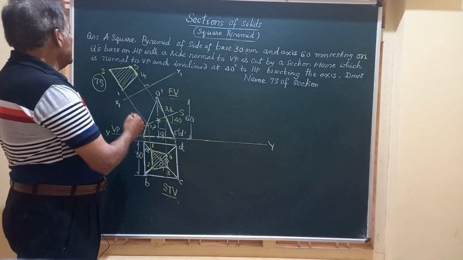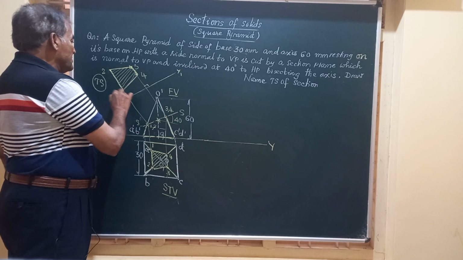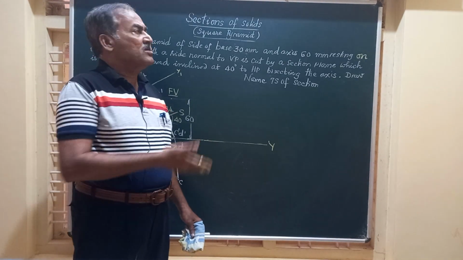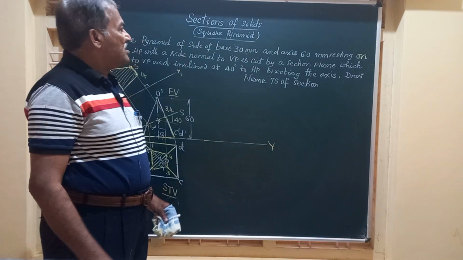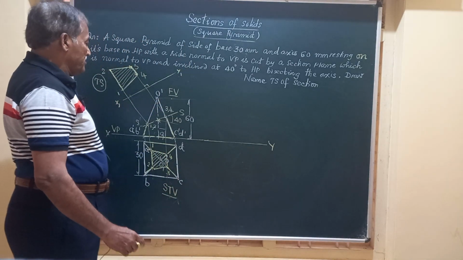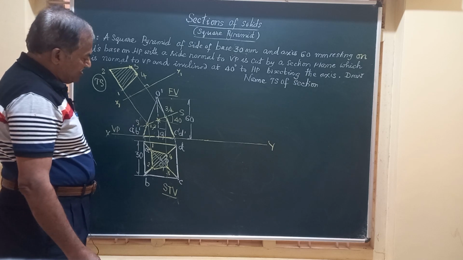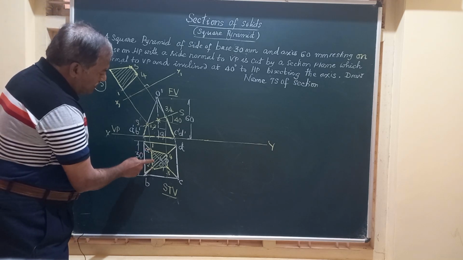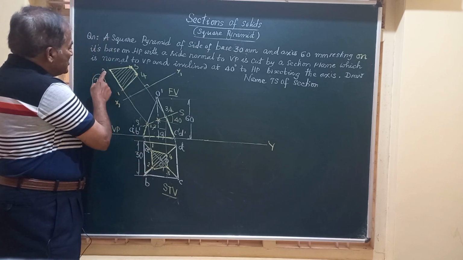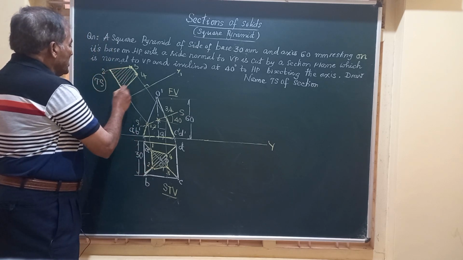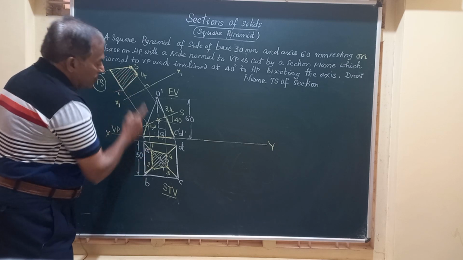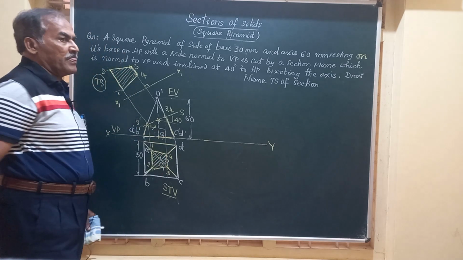So after obtaining the true shape of the section, friends, there are some important concepts to be understood. Here you can observe the distance 1 to 2 is equal to this distance. So this gap 1 to 2 is equal to this. Similarly, 3 to 4 is equal to this gap.